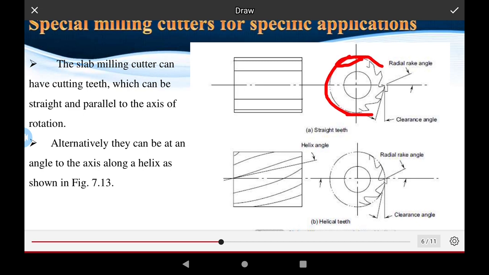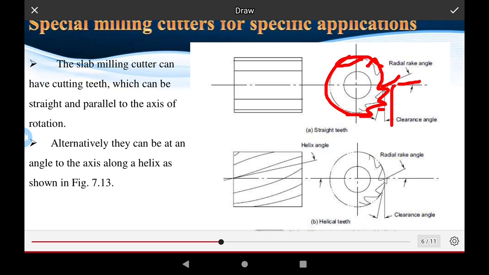Okay, this is the cutter area of the cut. Okay, and this is the shank, and the clearance angles. Okay, this is the clearance angle of the tools, and this is the radial rake angle. This is the radial rake angle, the circular form of angles. Okay, this is the tool, this is the angle between the two teeth of the cutters.